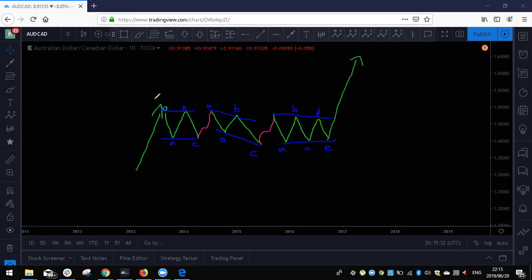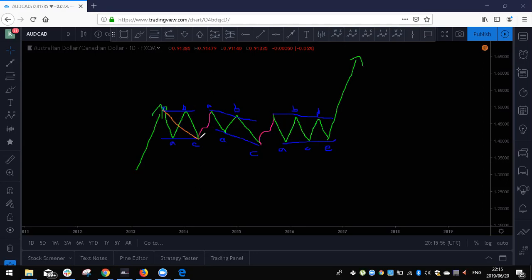The way you label this, I'm sure you've seen a labeling that is WXY or WXZ. What that means is, after this impulse, you join this as one correction.